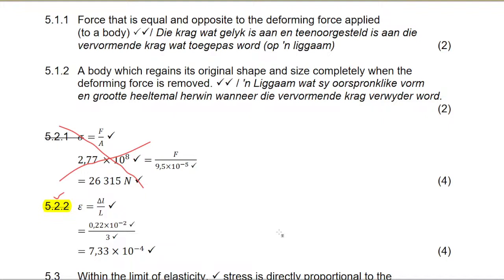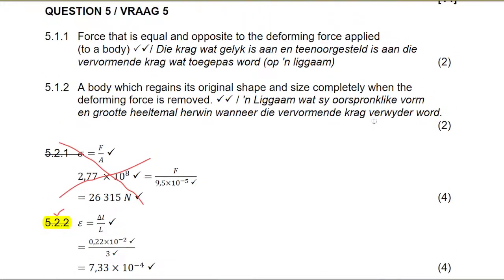So 5.1.1 is they define the following: restoring force. I will need your input here. There were some definitions that I'm not sure how you mark during the final marking sessions, especially whether you have part marking. You'll guide me when it comes to such things.